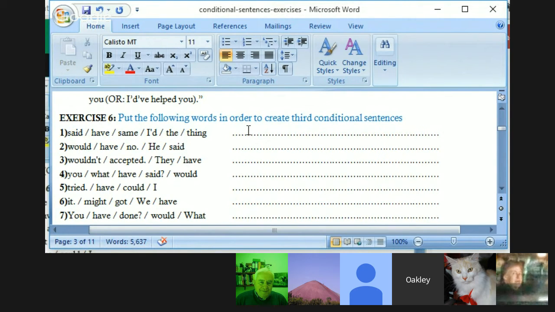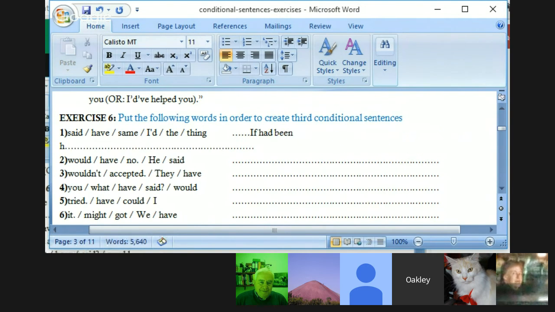So let me help you out. The if clause might be something like this: If I had been him. Now notice the use of the verb to be in this example.